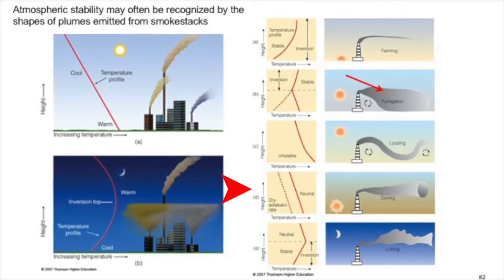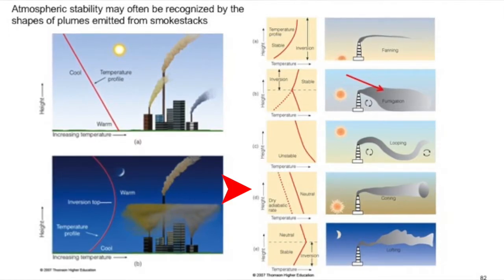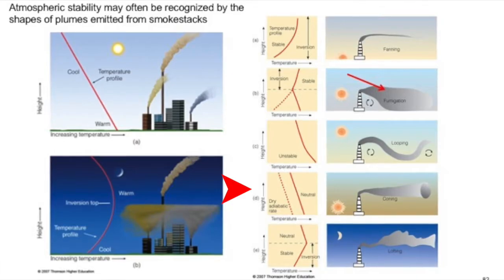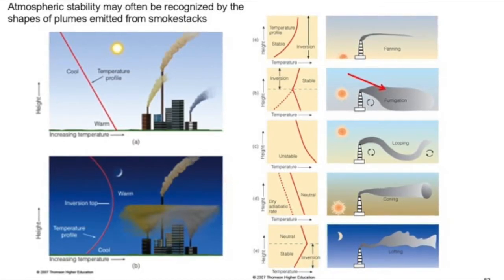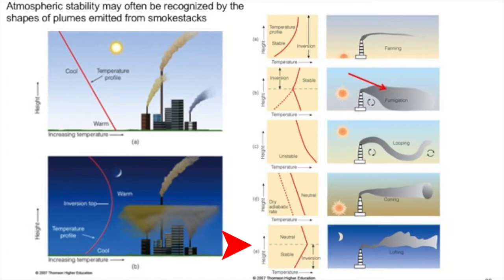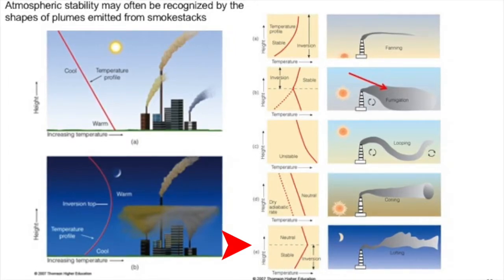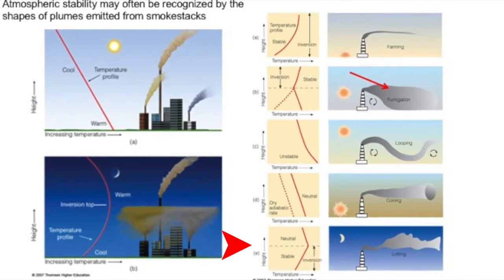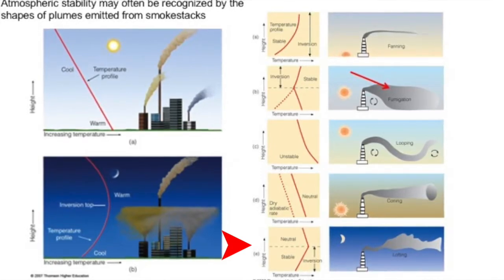If the pollutants travel long distances, this is the situation that can create, for instance, acid rain in another region. The last scenario occurs mainly at night, and this happens when the inversion is below the stack, the emission of the plume.